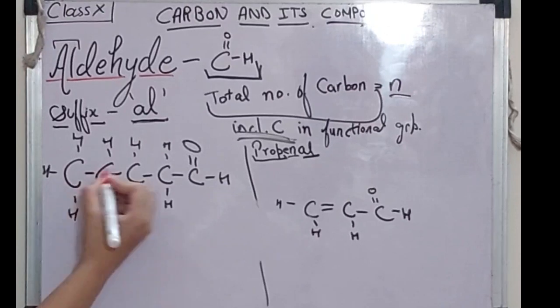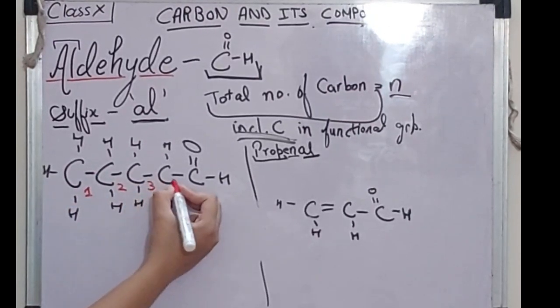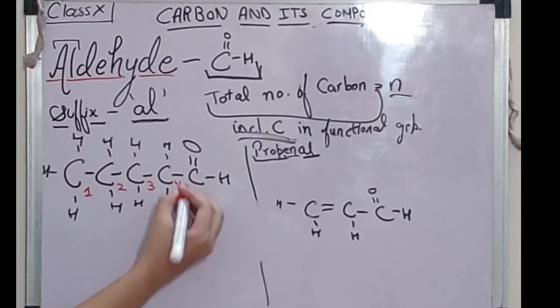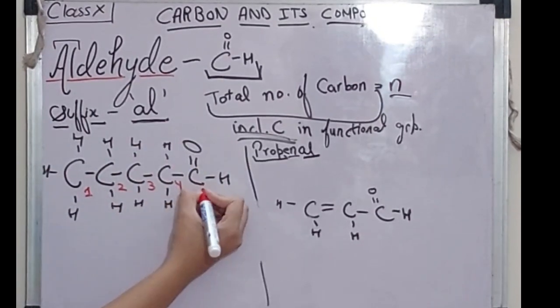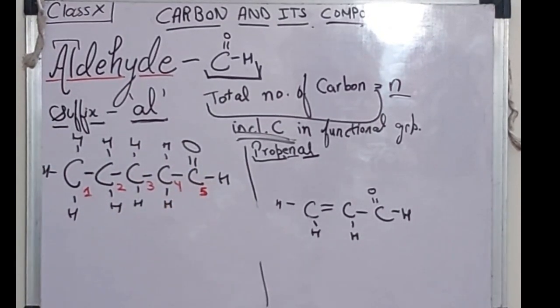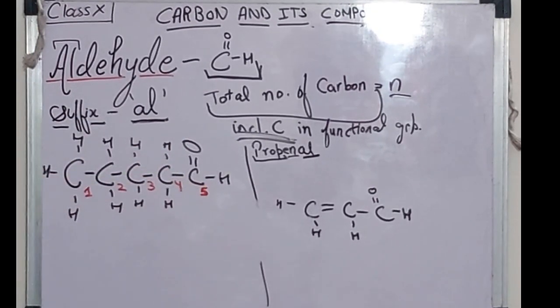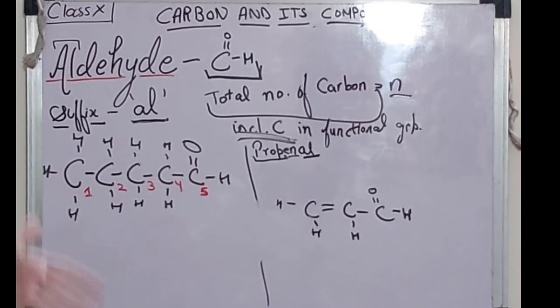So, total number of carbon are 1, 2, 3, 4. 4? No. We have to include the carbon of the functional group. So, 5 carbon are there. If I check the functional group, it is double bond oxygen, single bond hydrogen. Okay, so double bond oxygen, single bond hydrogen किसका होता है?